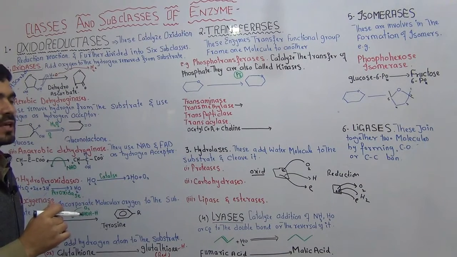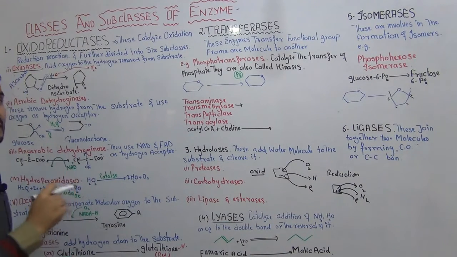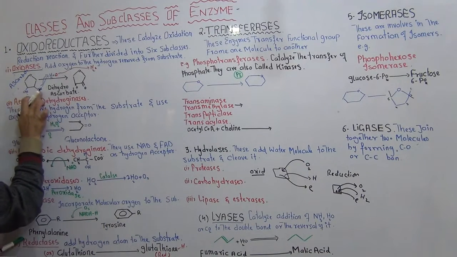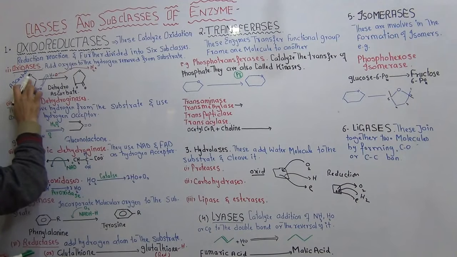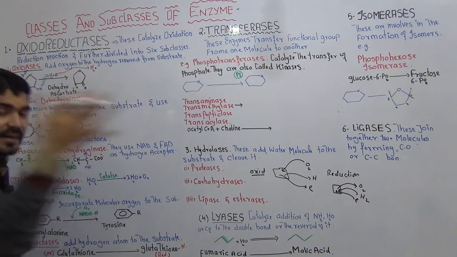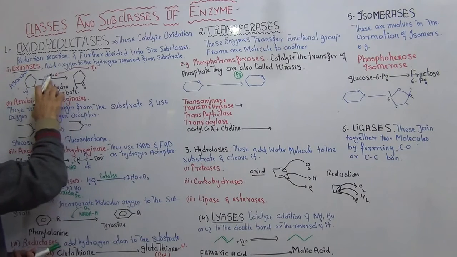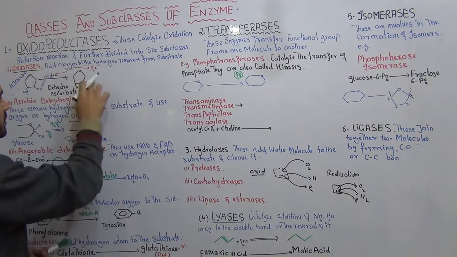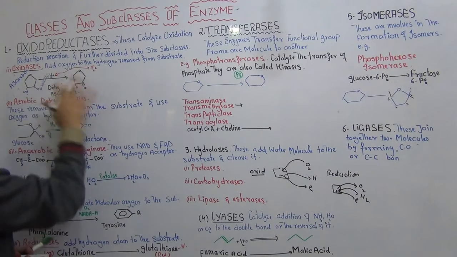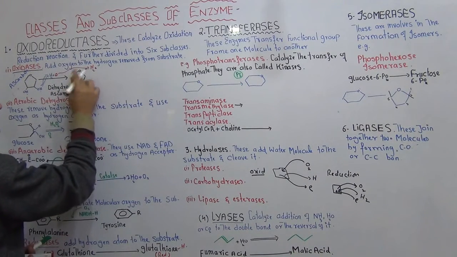Yes, oxidation took place here because the hydrogen was removed from the substrate, this is oxidation, and the enzyme added oxygen to that hydrogen, this is also oxidation. So what we got is called dehydroascorbate. Dehydro means hydrogen has been removed.